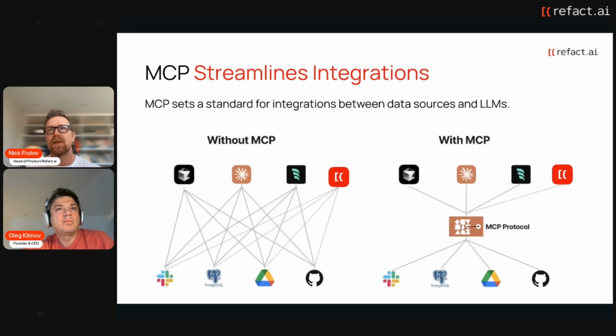This is the example, right? So before, everyone, including us, would need to support and write the integrations off the bat. And currently, there is a way to tap into the community of developers who support MCP and very quickly integrate with the available tools for that.